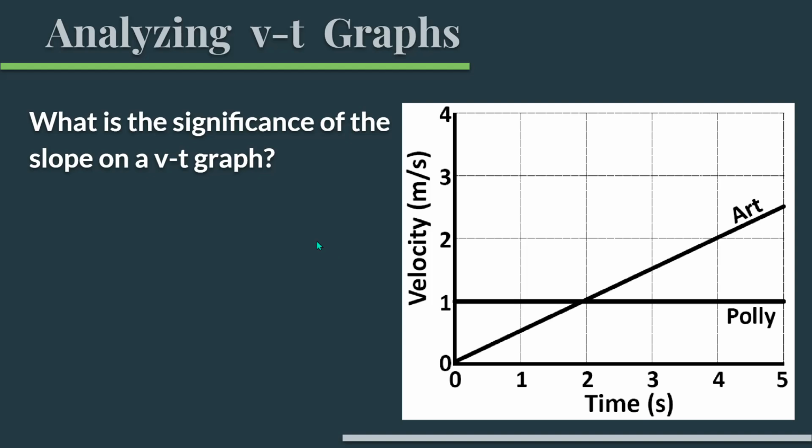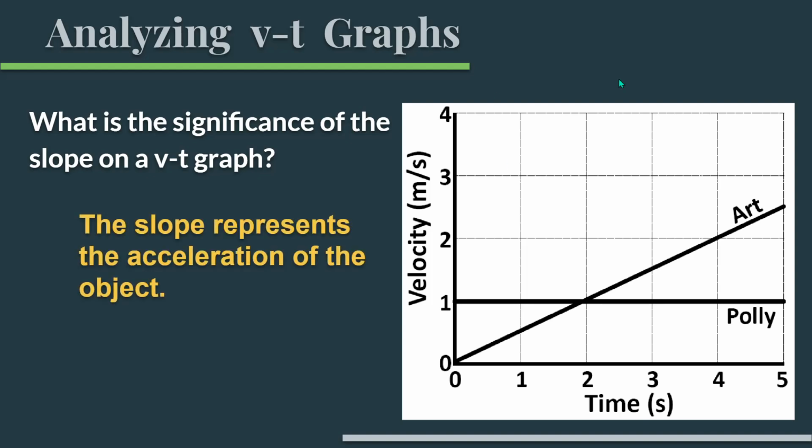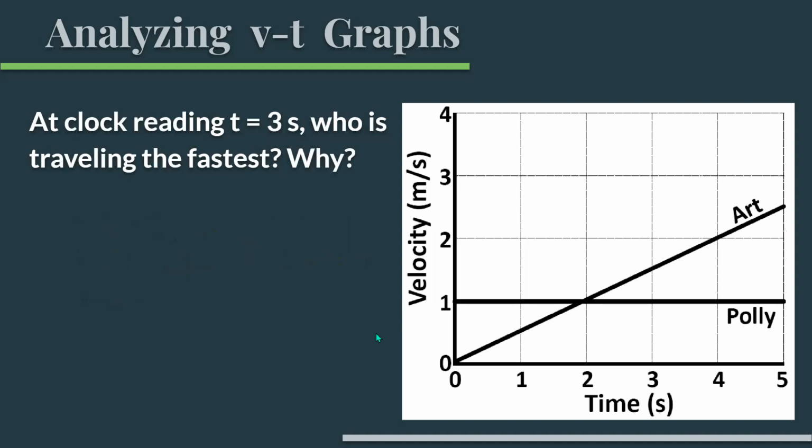So the significance of the slope is acceleration. If you have a VT graph and you find slope, that is acceleration. Polly has 0 acceleration, 0 slope. Whereas Art has some acceleration here. It looks like his acceleration is 1/2 meter per second every second. So again, slope is acceleration.